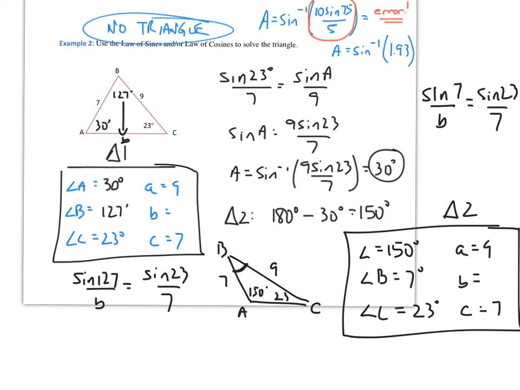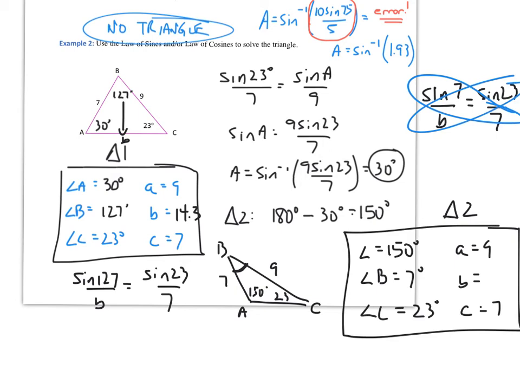Can anybody tell me what B is for triangle 1, the one with the 127? Ryder? All right, 14.3 is correct. And can anybody tell me what B is for the other triangle? Again, cross multiply, solve. Would be 14.3.